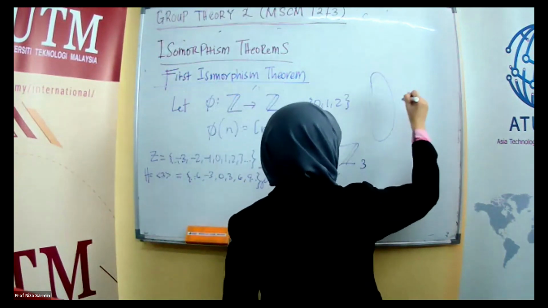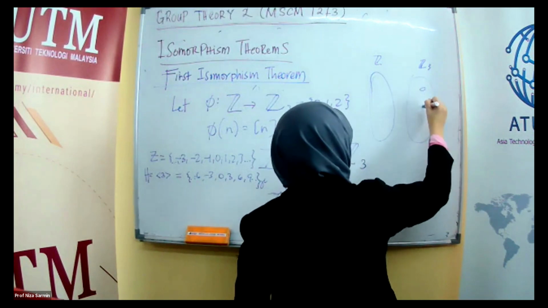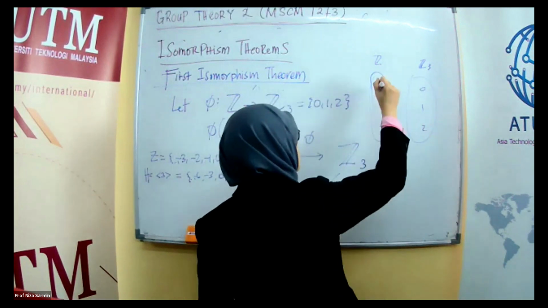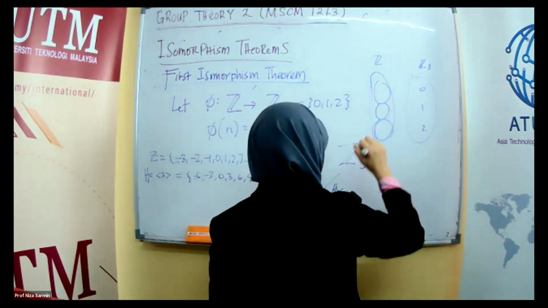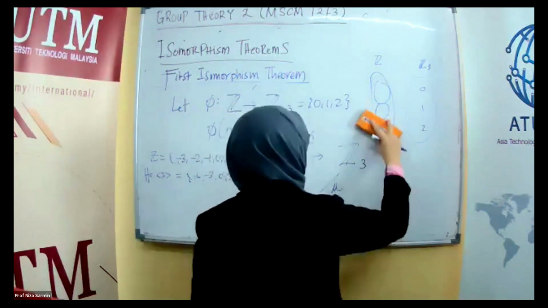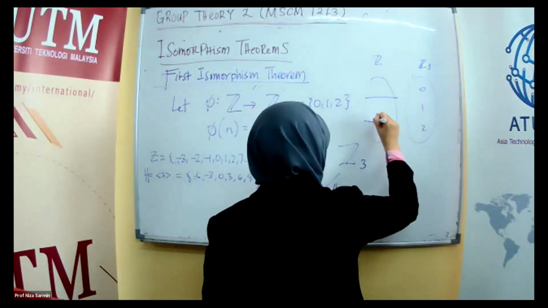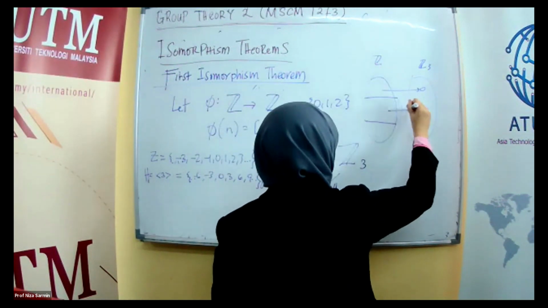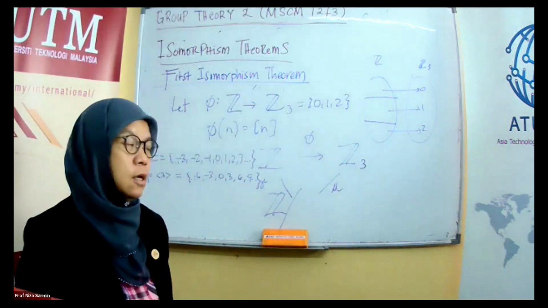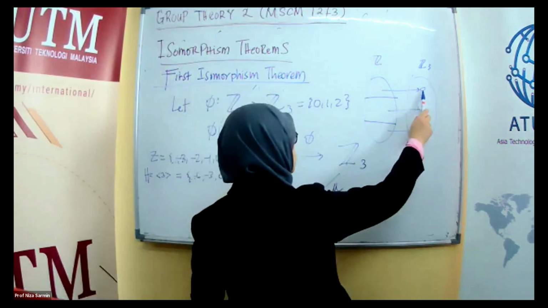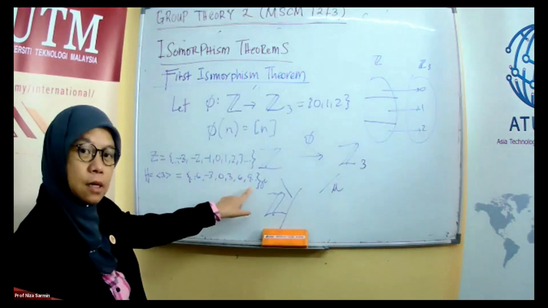Like you have so many here in Z, but in Z3 you have only 0, 1, 2. So everything in Z can be divided into 3. One goes here, one goes here, one goes here, right? And the one mapped to 0 is all multiples of 3.